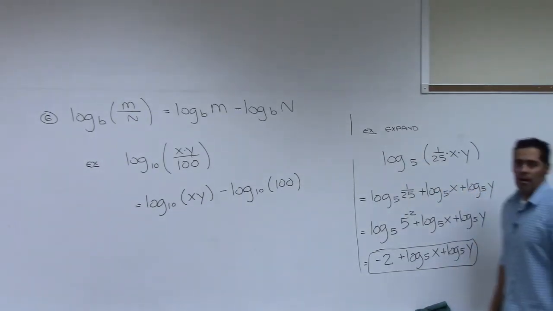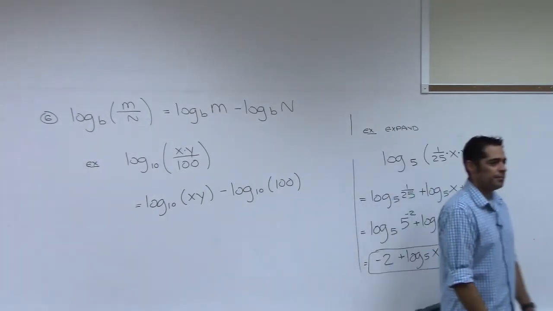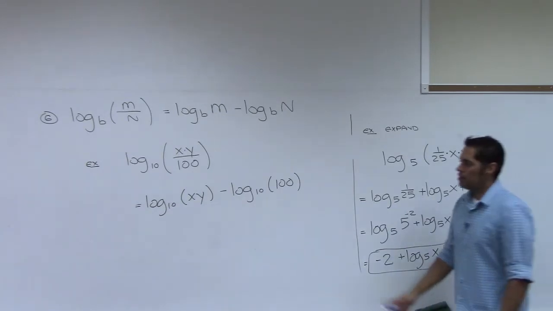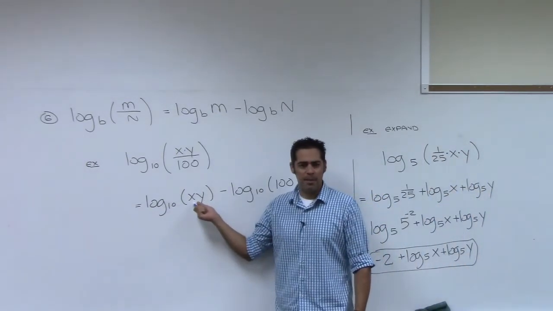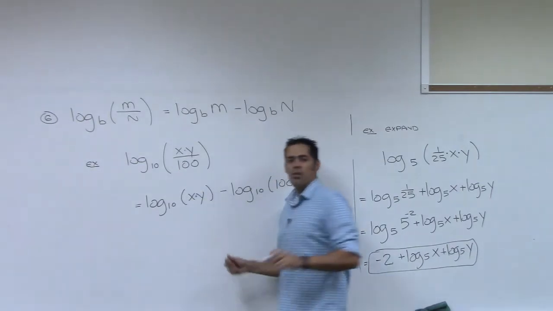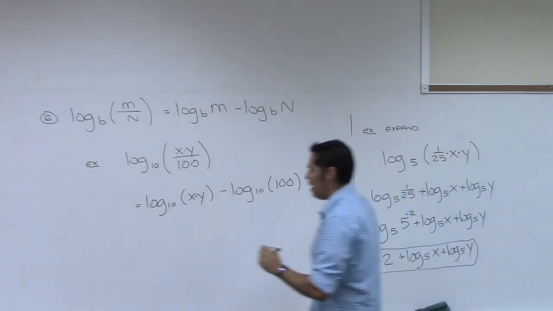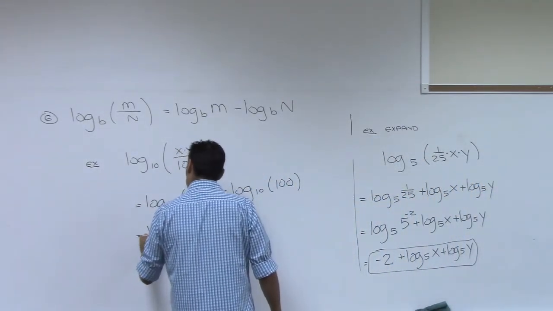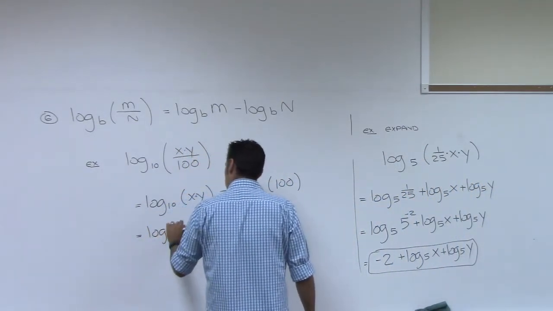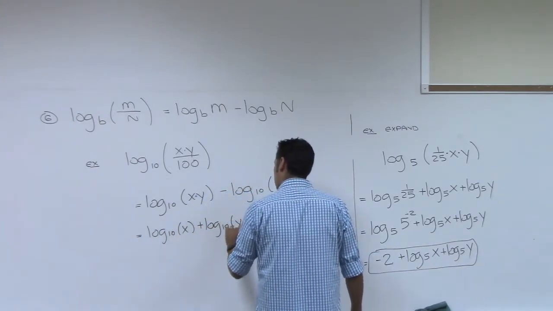Now, how can you rewrite this? So you're going to use property 5 and split this up into 2 logs, right? So you have your multiplication here. Notice I did the division before I did the multiplication. So now this splits into 2 logs. Log base 10 of x plus log base 10 of y.